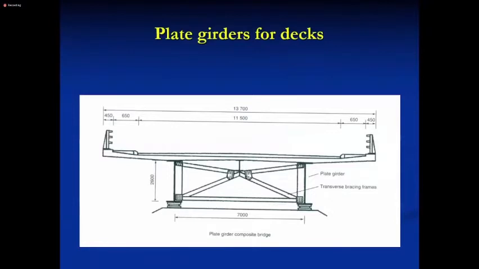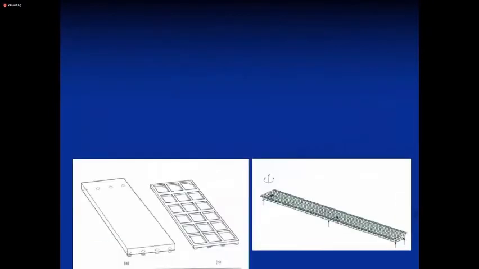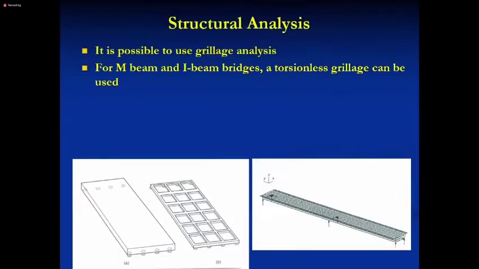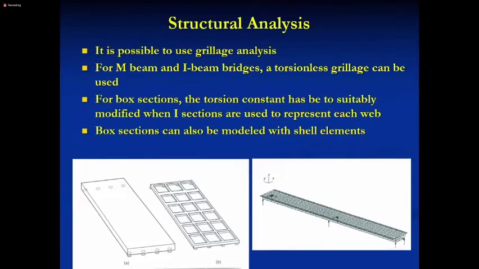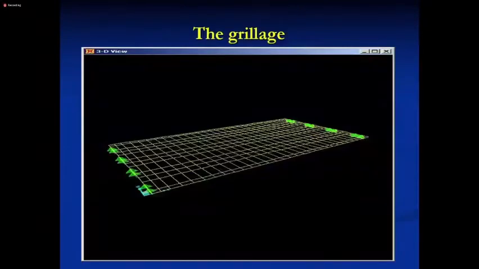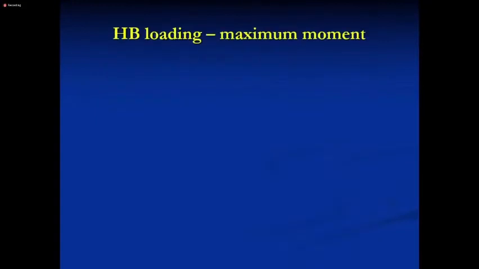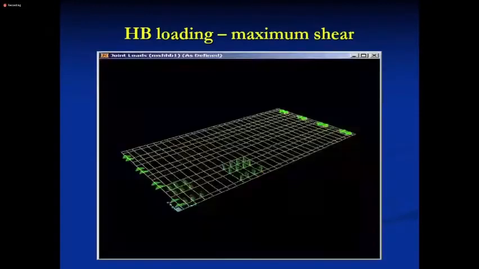These are what will happen if you use plate girders, and how to perform structural analysis by using relays. I'll show you how to create the relays. I'll come back to those later.